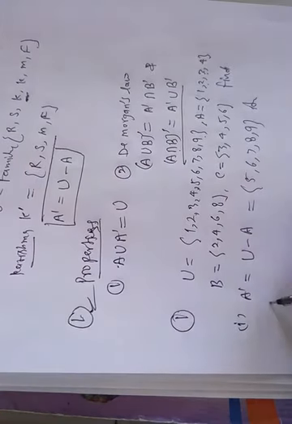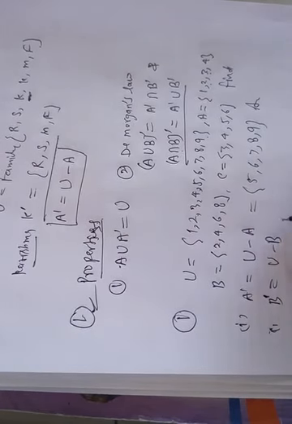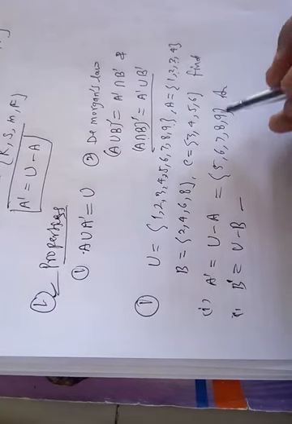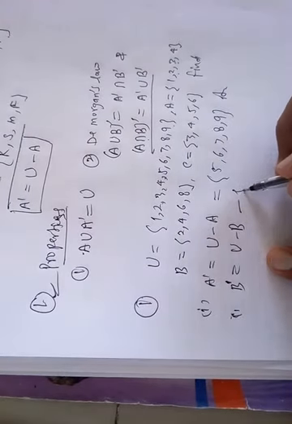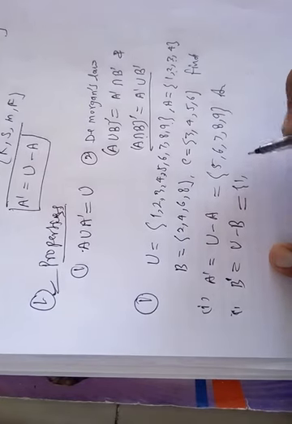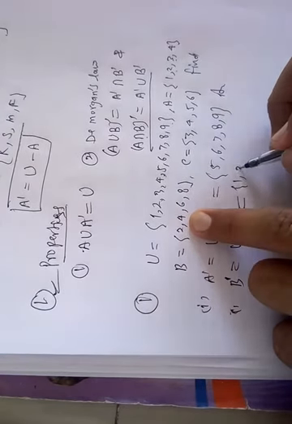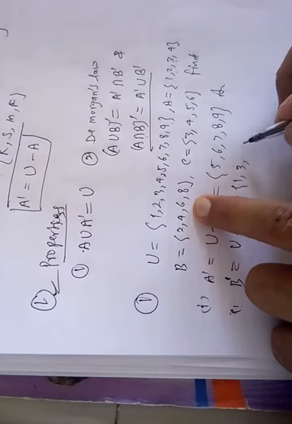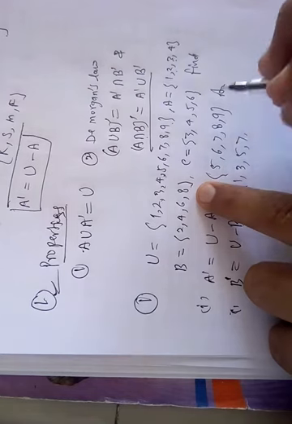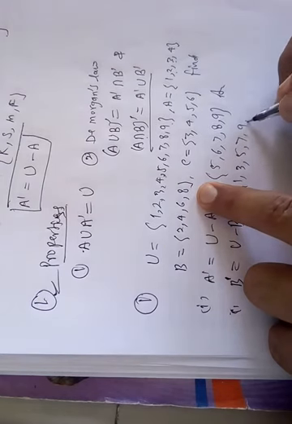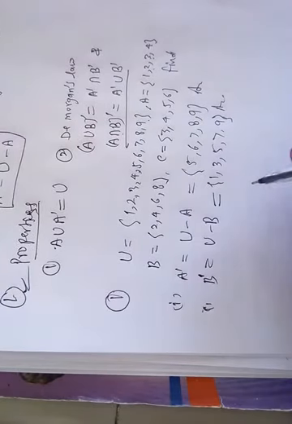The second part, B complement, is U minus B: remove the elements of B from U. 1 is present, 2 removed, 3 present, 4 removed, 5 present, 6 removed, 7 present, 8 removed, 9 present. Get your answer.